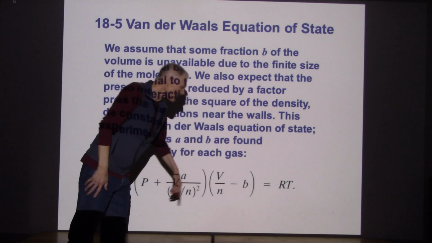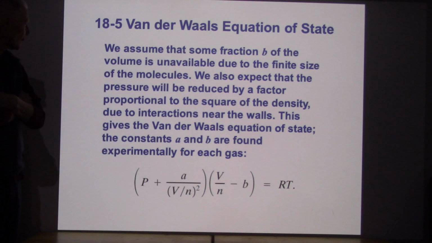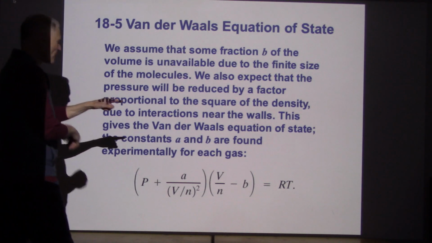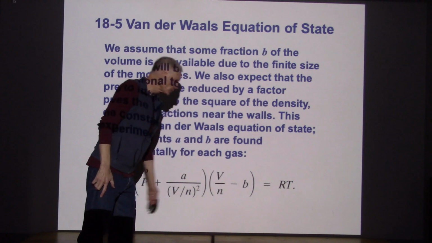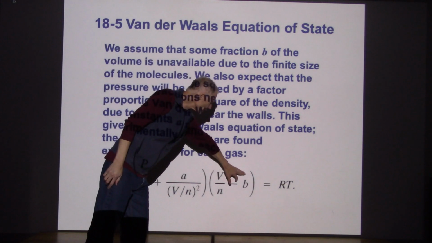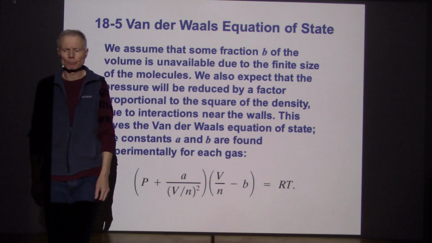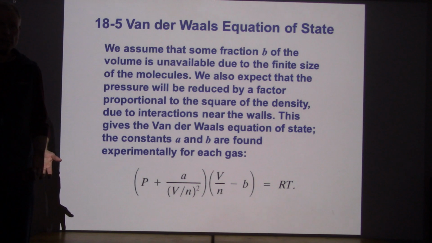They've taken the little n and brought it over to the left side, and that confuses things a bit. But moving the n to the other side gives us a volume per mole, which is referred to as the molar volume. And the molar volume is going to get reduced by some amount, which depends on the species of the gas.